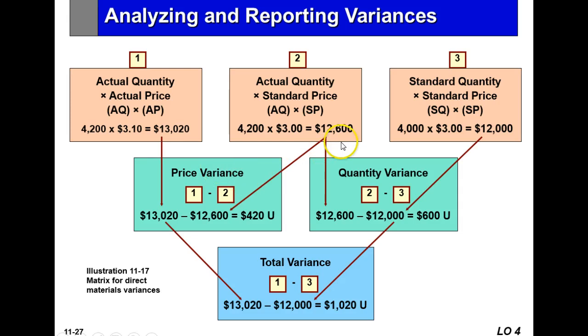When we look at the quantity variance, we take our actual quantity times our standard price and subtract from that our standard quantity times our standard price to get our quantity variance. And then both of them together, the price and the quantity, give us our total variance. Do you see how these numbers play out? Know this. This is an important piece to know how you calculate the figures here.